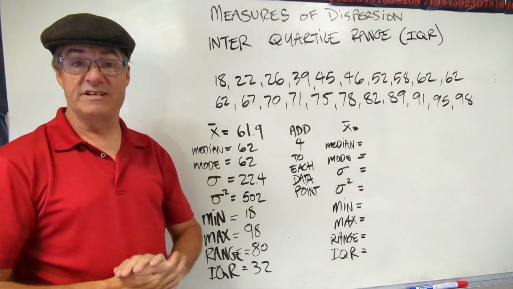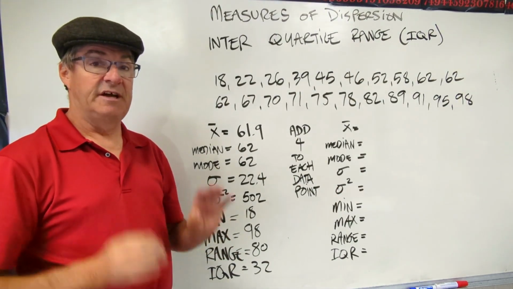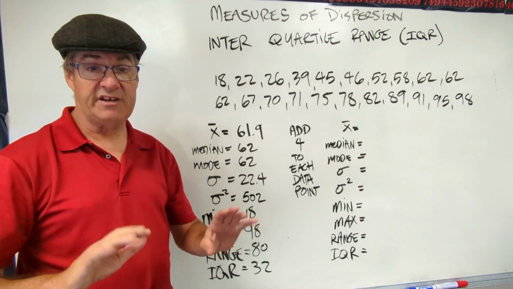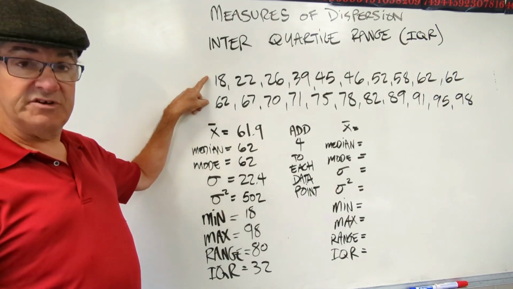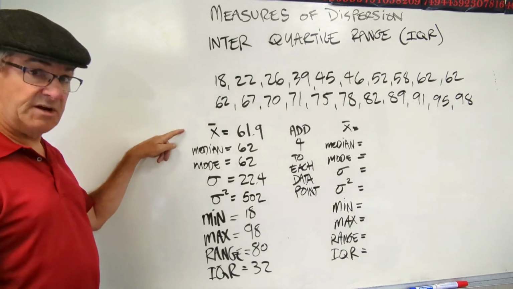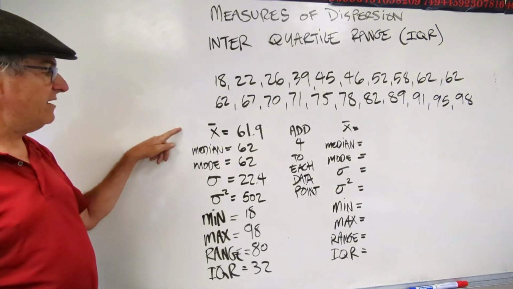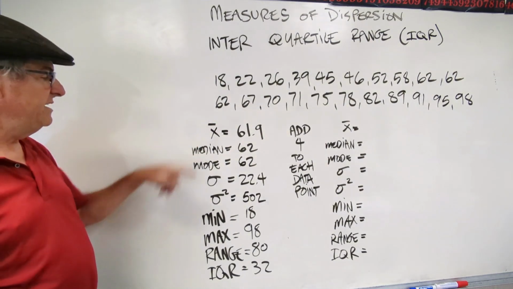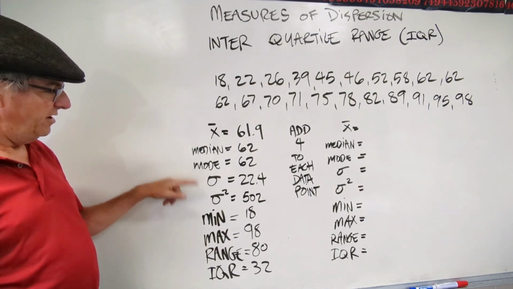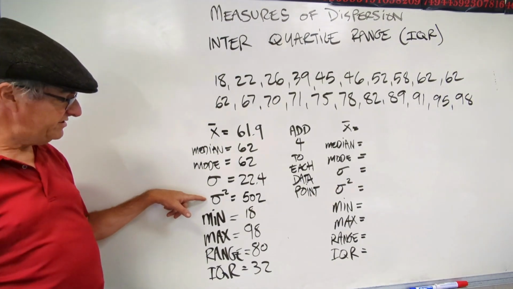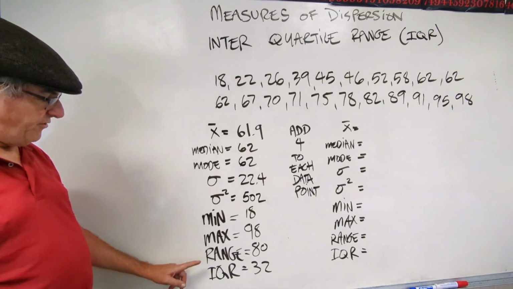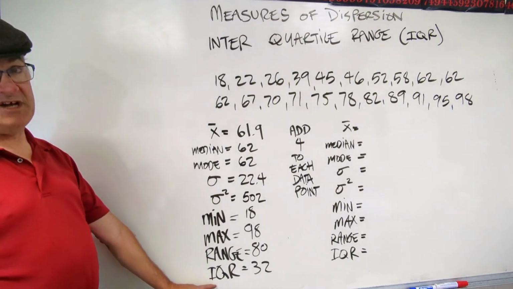Let's manipulate our data points and see what happens. And this is going to give you the opportunity for some practice with your calculator. So first off, here's our test scores we used in the last example, and I just summarized all the stats that we can say about them. So there's our X bar, our mean, our median, our mode, our standard deviation, sigma, our sigma squared, the variance, and then our min, max, and the range, and the interquartile range.